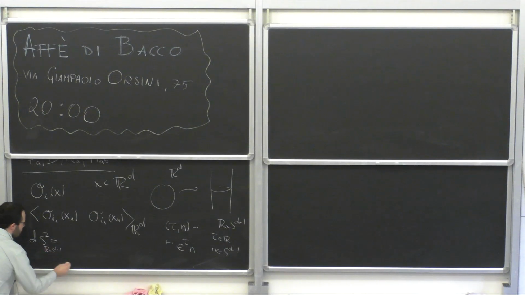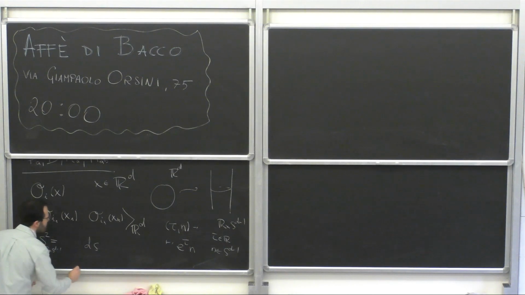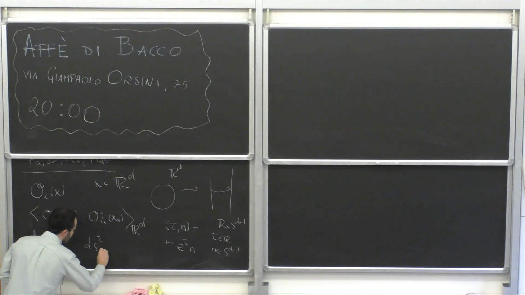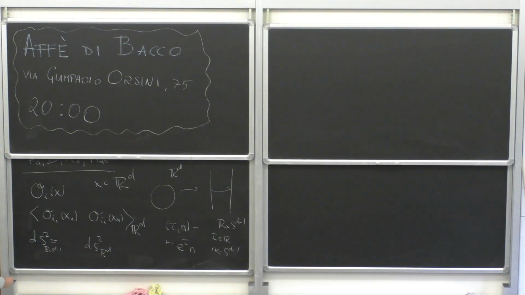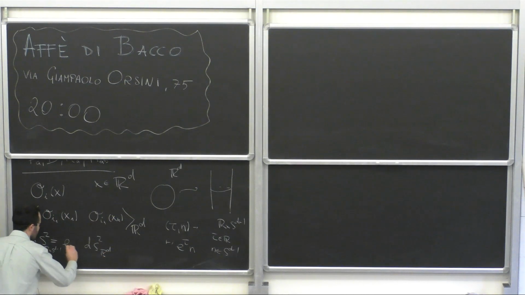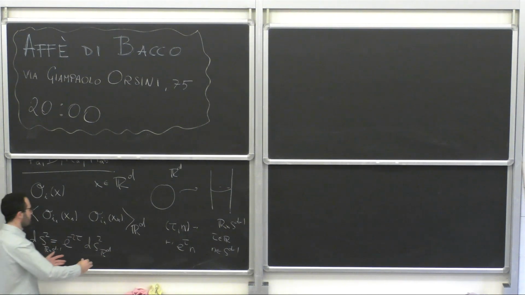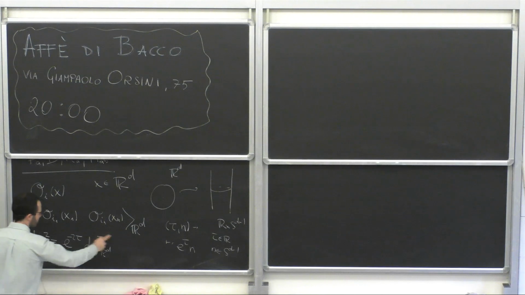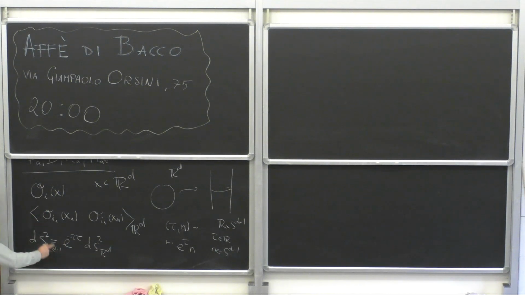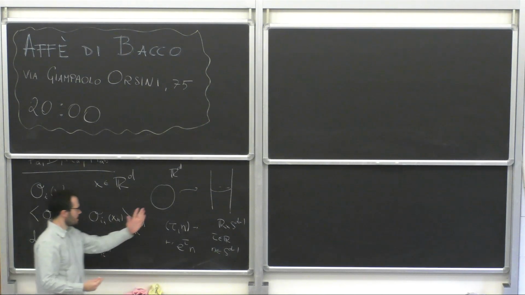On the S^(D-1), the metric is equal to the metric in R^D only up to a factor which is e^(-2 tau), right? So as you go very far in R^D, this sphere gets bigger, but here the sphere doesn't get bigger as we keep going up.